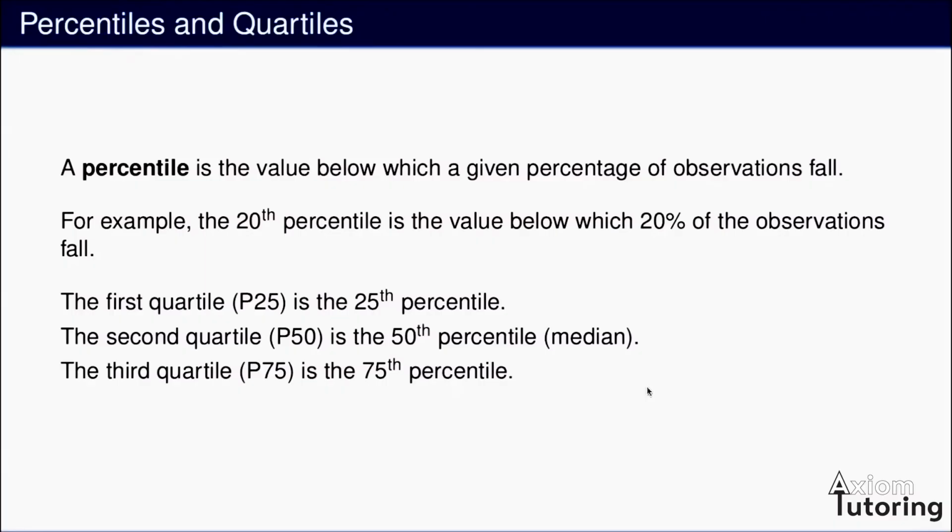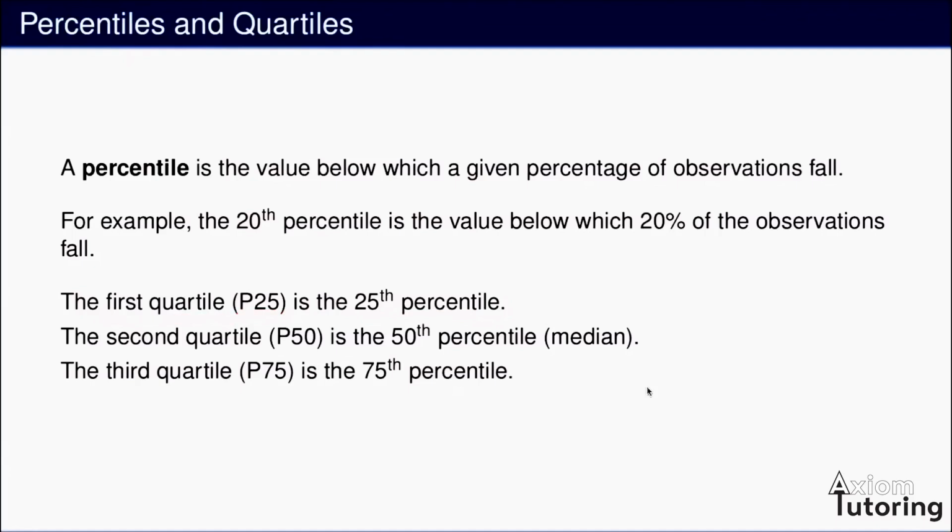There are different terms that statisticians tend to use, and different types of percentiles have special names. The 25th percentile is called the first quartile, sometimes referred to as P25.